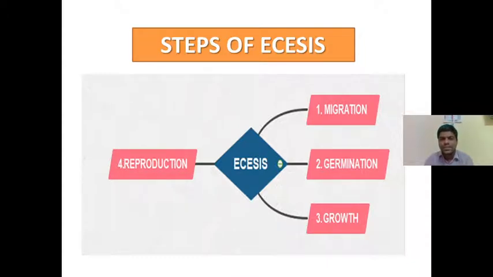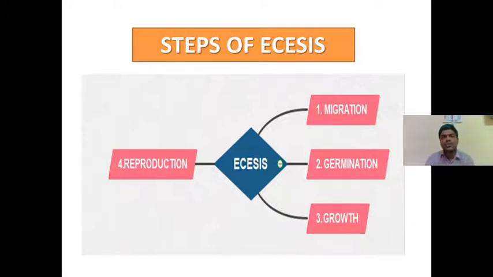So the basis of Ecesis is migration, that is transfer of seed from one location to another, or transfer of plant material, plant twigs, from one location to another location. So first, there should be migration.